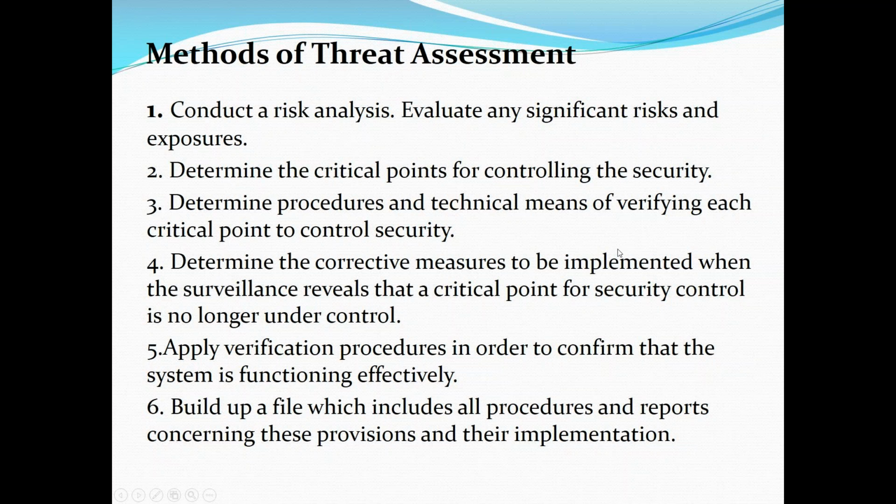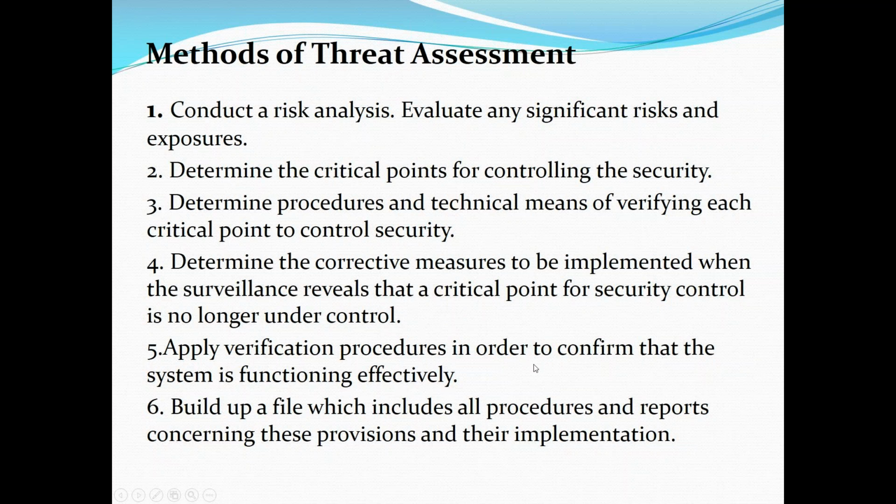Determine the corrective measure to be implemented when the surveillance reveals that a critical point for security control is no longer controlled. If there was a security breach or a big deviation, then you need to have some kind of corrective measures. Step number 5 is to apply verification procedures in order to confirm that the system is functioning effectively.